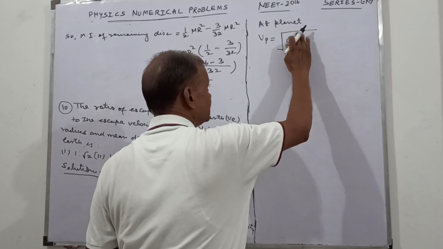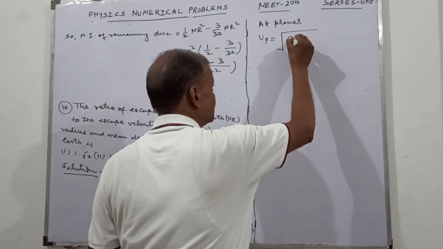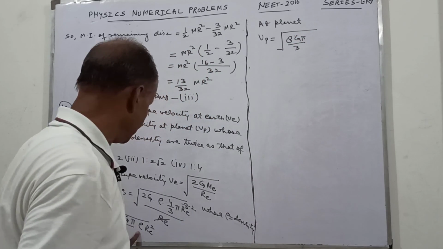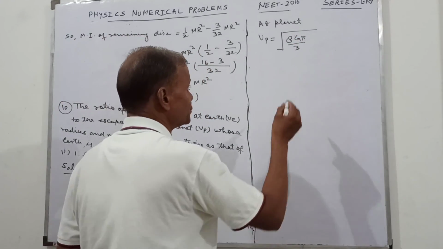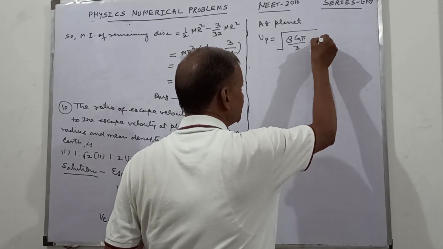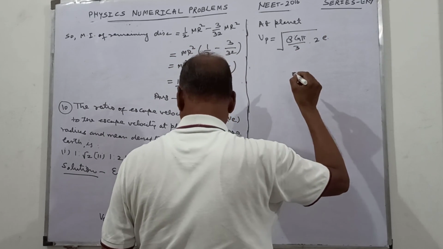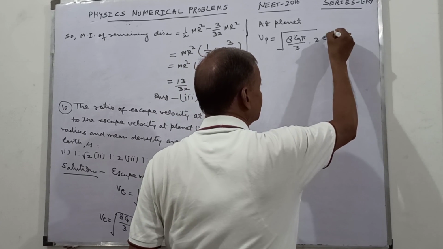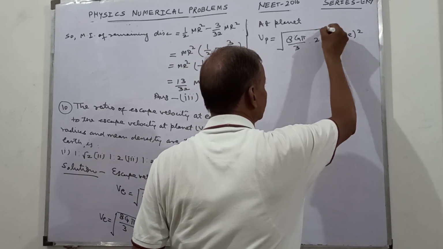Now the density is 2 rho and the radius is 2 RE, whole square.